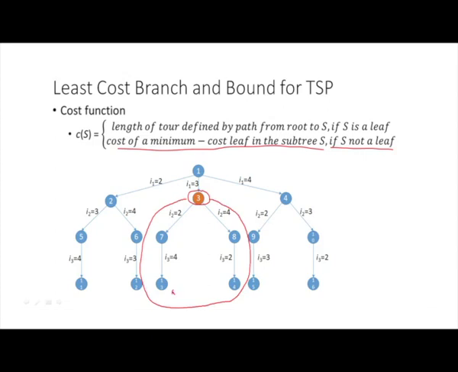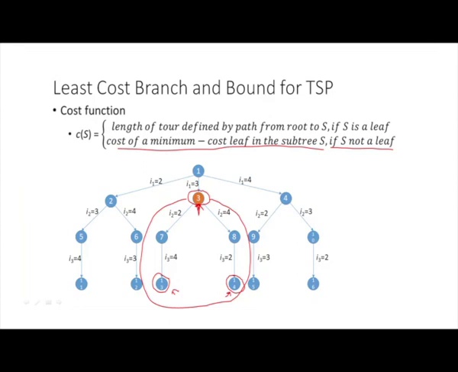There are 2 leaves. One is 13, another one is 14. So the cost of this node 3 would be the cost of the minimum cost leaf. So we'll have to calculate the cost for node number 13 and the cost of node number 14. Whichever is minimum will be assigned as the cost for node number 3. We'll later see how we compute these costs in more detail.